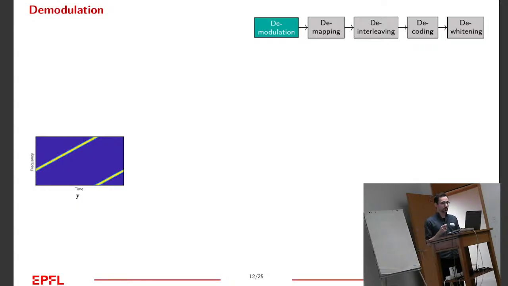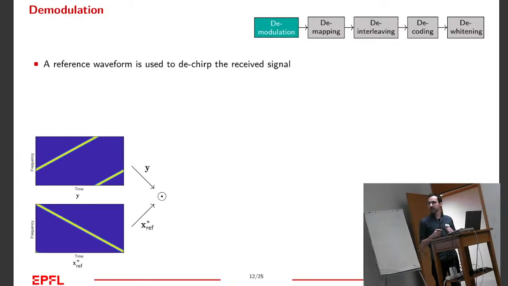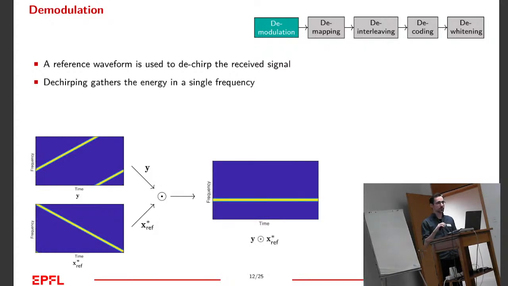The first operation you can do is you take your symbol, so one chirp, and you multiply it with a chirp that this time is going downward, so it starts at a high frequency and the frequency decreases. And this operation has the effect of gathering all the symbol energy into a single frequency. So now the whole symbol has just a pure frequency.